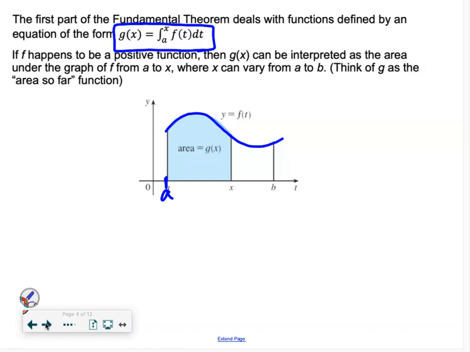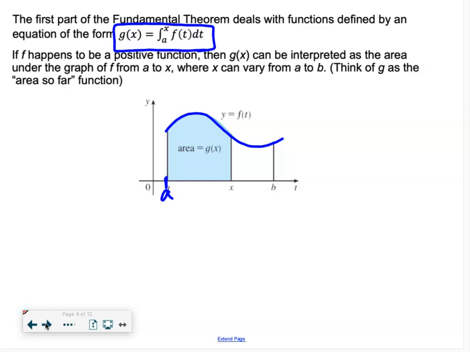Okay? So this g function now, it's an integral function. So what is it really? It's like an area finding function under the graph of f between a and some input value. Now, the first question that you have to learn how to get comfortable with is the fact that we have two variables on the same axis.